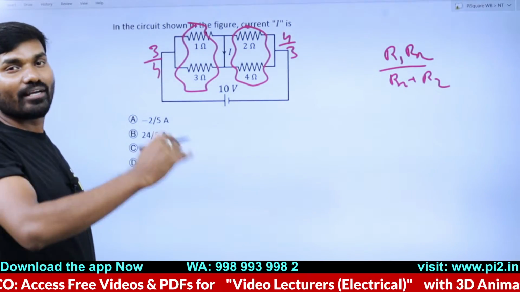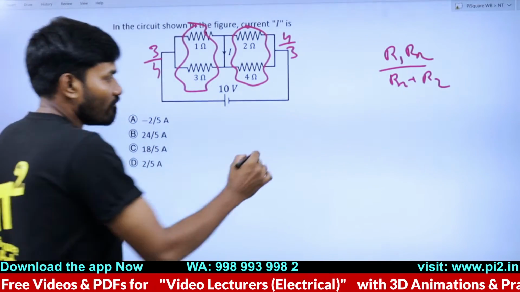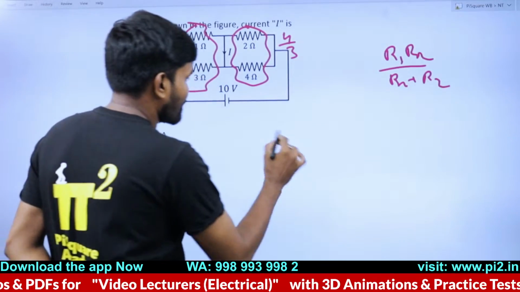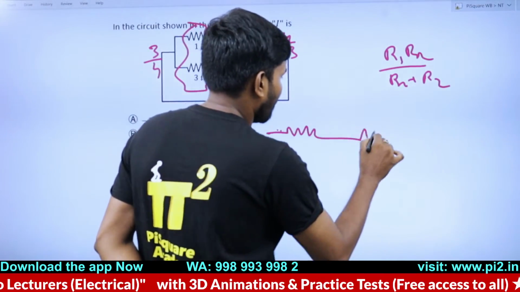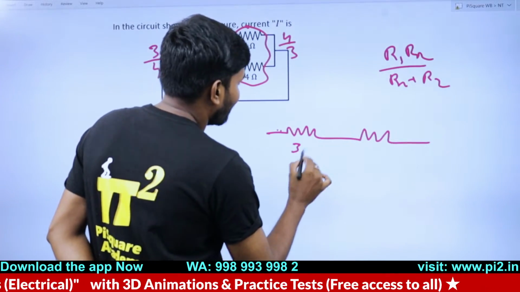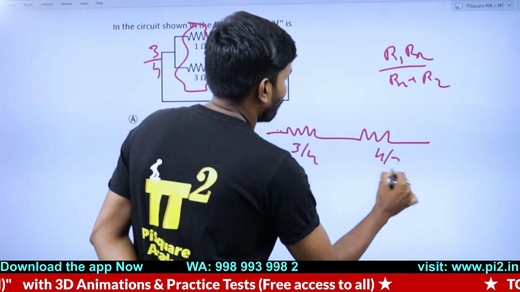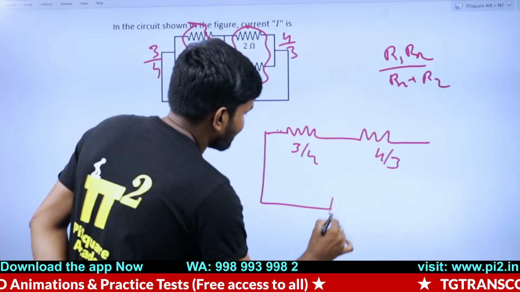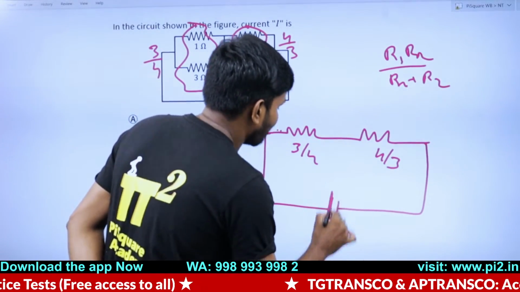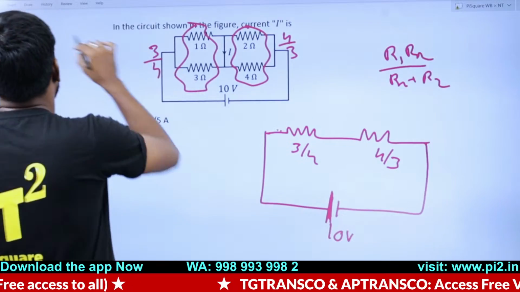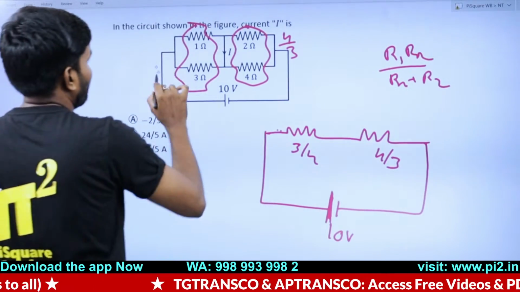Careful, guys, suppose I'm just writing these two resistances here: this is 3 by 4, this is 4 by 3, and this is 10 volts as it is. This is an equivalent representation of this. Okay.